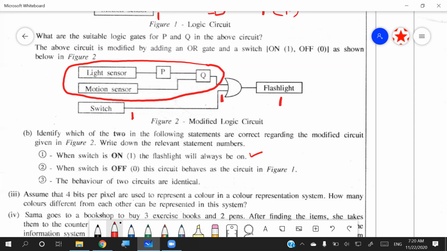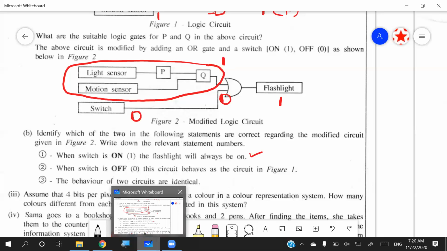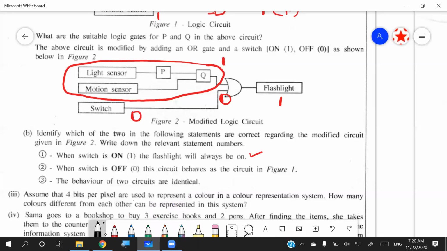When the switch is off, this circuit behaves as the circuit in figure 1. Now the switch is off means what? This gives you a 0. So to turn on the flashlight, you should have 1 over here, meaning Q should output 1.